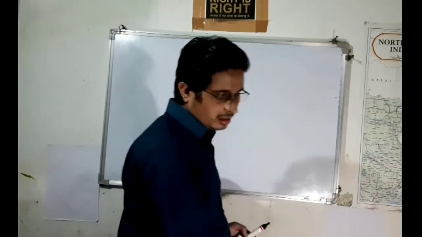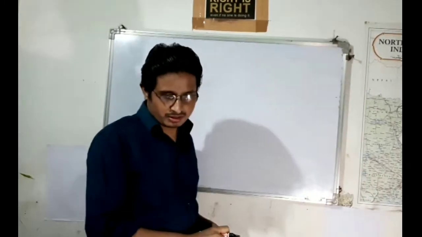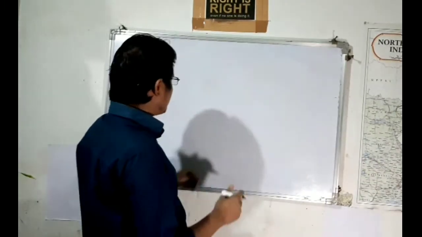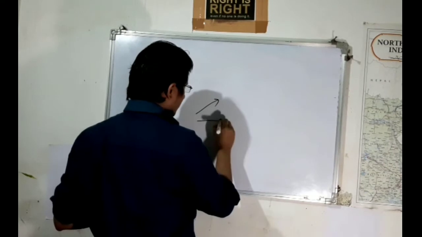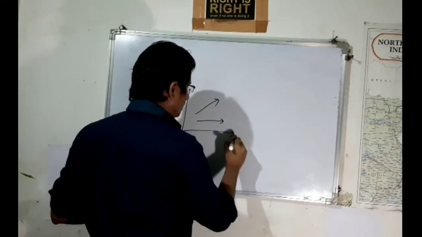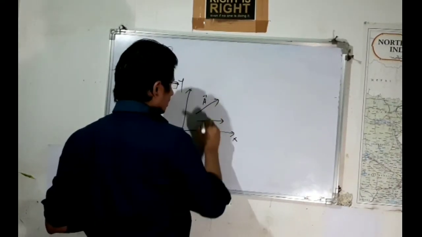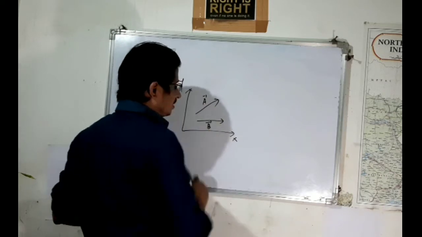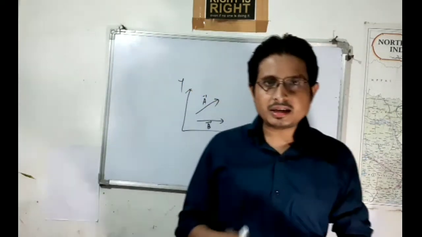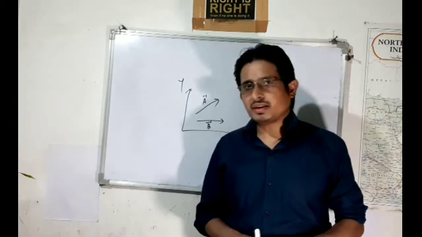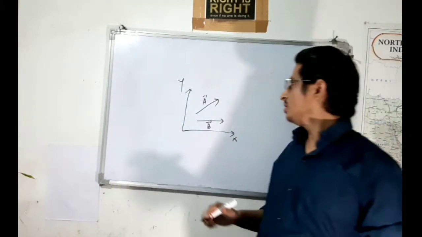After unit vectors, let's see some different vectors. Suppose A and B are two vectors on the same xy plane. This is A, this is B. Since these two vectors are in the same plane, such vectors are known as coplanar vectors.